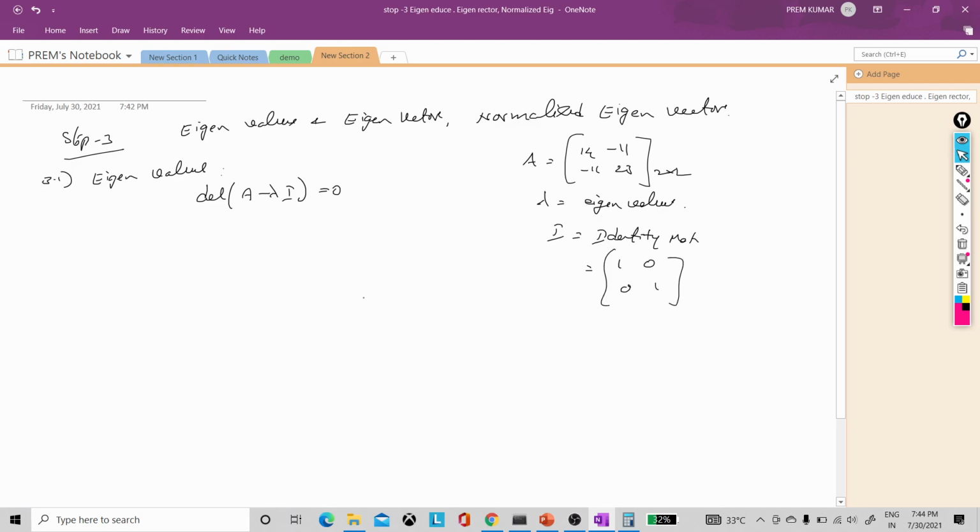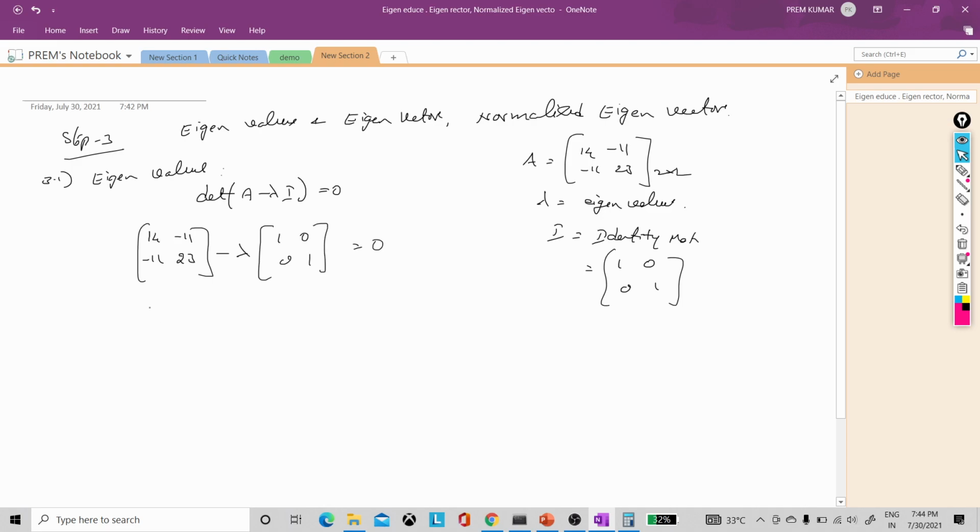So now we have to substitute in this equation det of A minus lambda I. So A means [14, -11; -11, 23] minus lambda times [1 0; 0 1] is equal to 0.